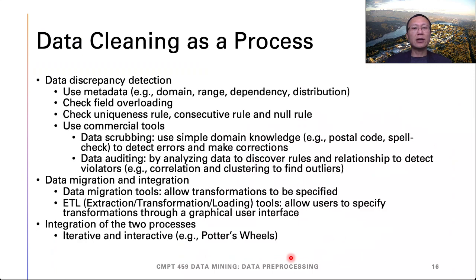We can check the uniqueness rule, the consecutive rule, and the null rule, so that we know which data items are out of range, out of our domain specification. We may even use some commercial tools to do that. For example, we can use data scrubbing, meaning we use simple domain knowledge such as postcodes and spell check to detect the errors and make corrections.